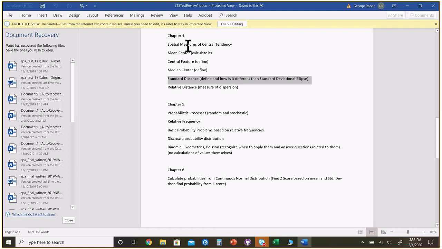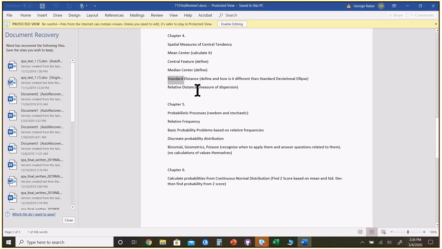This would be the hard one. So you're also going to have to not calculate, but define the central feature and the median center. You have to know the definitions of each of those. And then the relative distance is a measure of dispersion, and it is the standard distance divided by the area of the smallest encompassing polygon, and that can be defined in different ways.